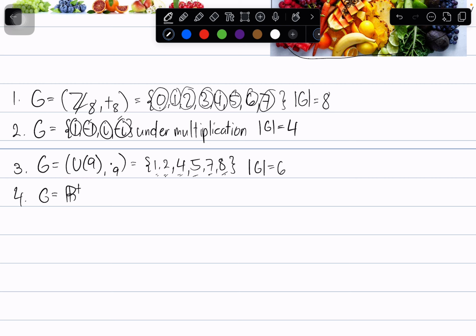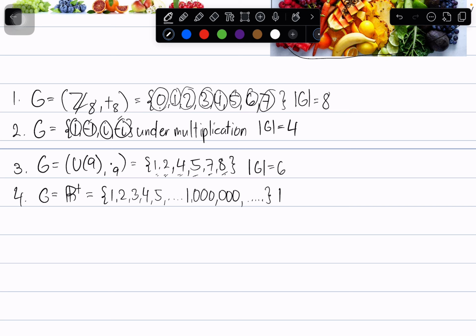If we have all the positive real numbers, the set is simply 1, 2, 3, 4, 5, until 1 million, let's say, and you still won't end, up until infinity.